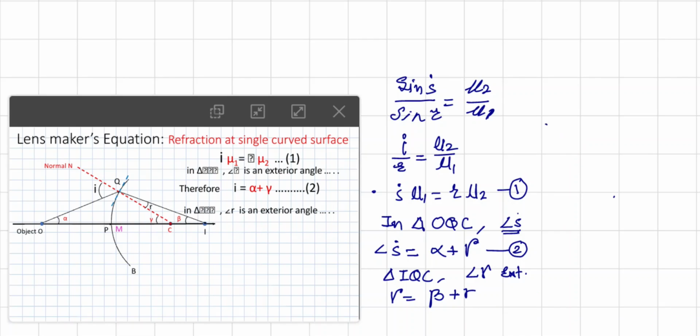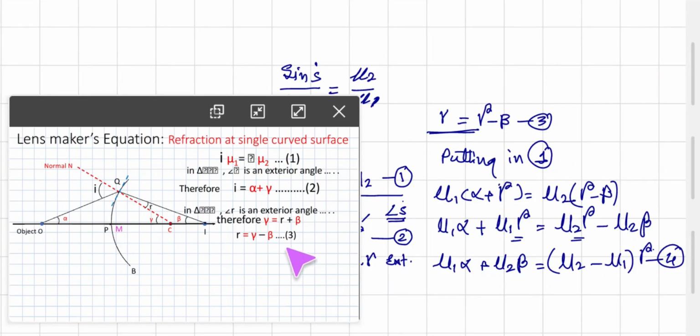So from this we can say that this R is equal to gamma minus beta. So this is expression 3. So from 2 and 3, I is alpha plus gamma and R is gamma minus beta.